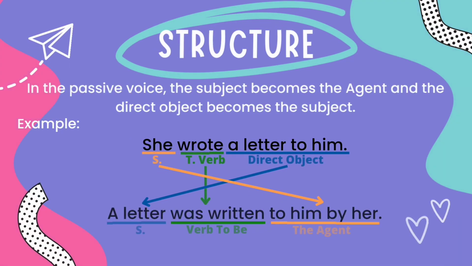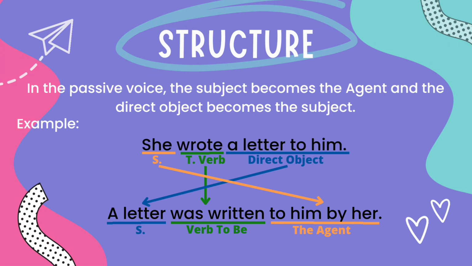In the passive voice, the subject becomes the adjunct and the direct object becomes the subject. Example: she wrote a letter to him. She is the subject, wrote is the transitive verb, a letter to him is the direct object. And transformed to the passive voice, a letter becomes the subject, was written is the verb to be conjugated, and to him by her is the adjunct.